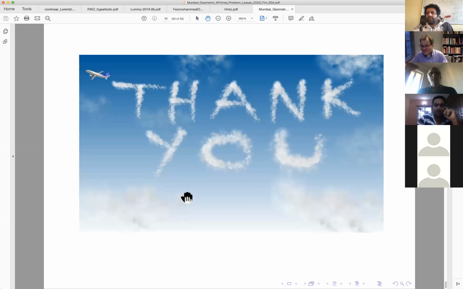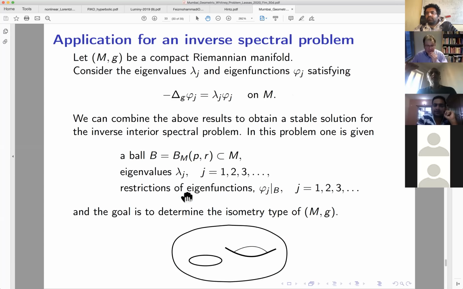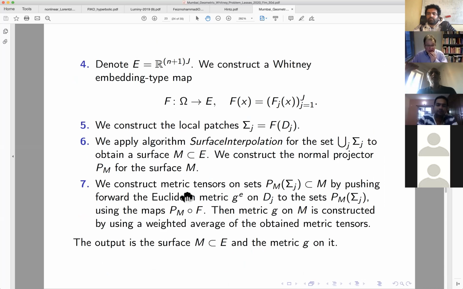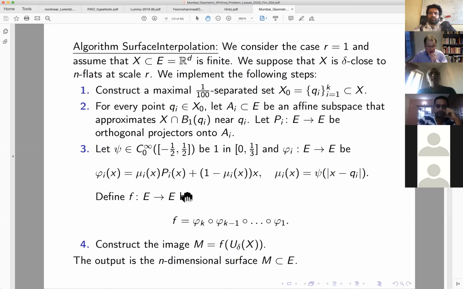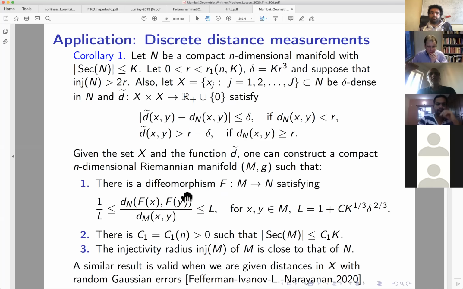So at some point you spoke about some Gaussian perturbations. Can you comment about what kind of results you get? Yes, I mentioned it very quickly. So the results that we have, we have published in the SIAM Journal on Mathematics of Data Science.